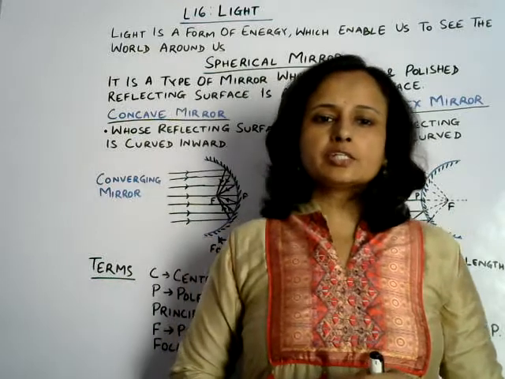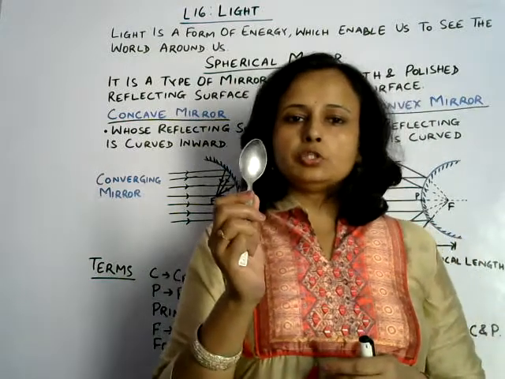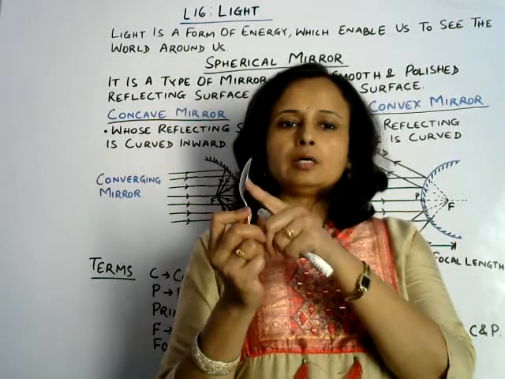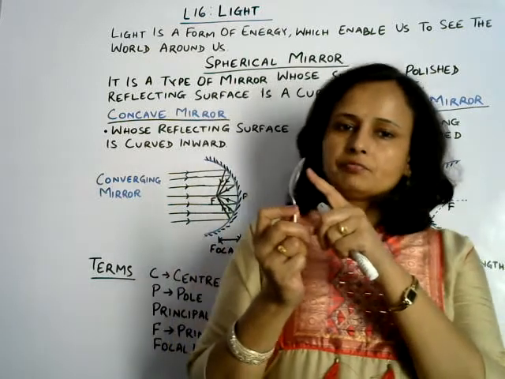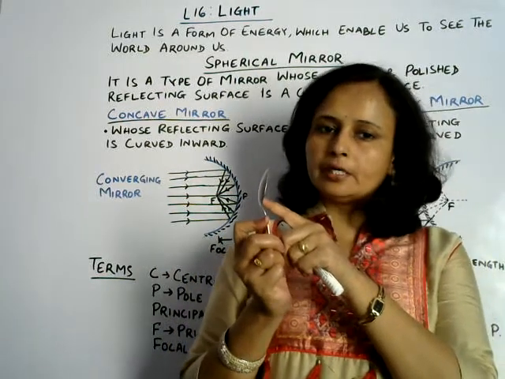We can understand it better by using a spoon. In this spoon you can see this curved surface is inward, so a kind of mirror in which the curved reflecting surface is inward is called concave mirror.